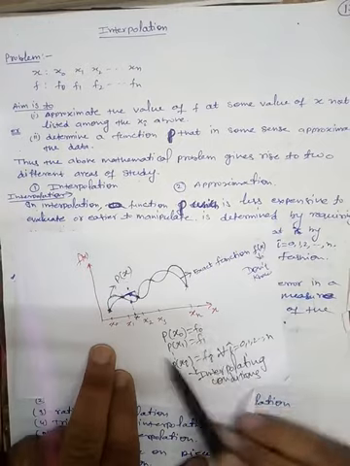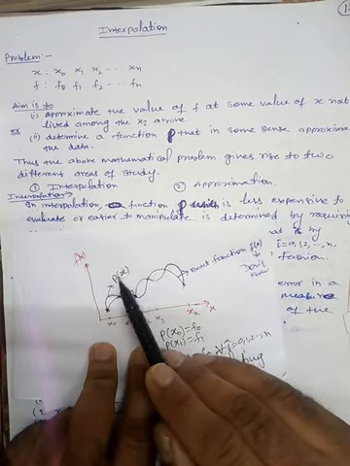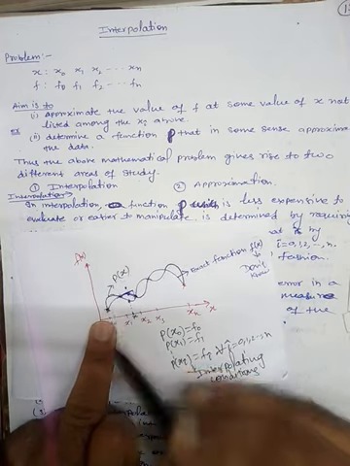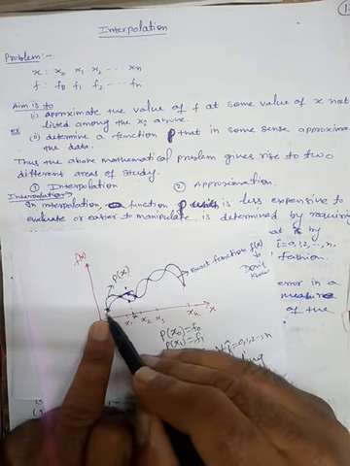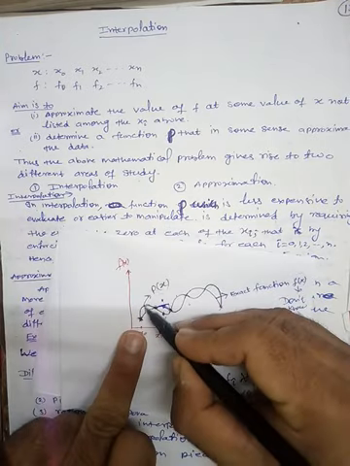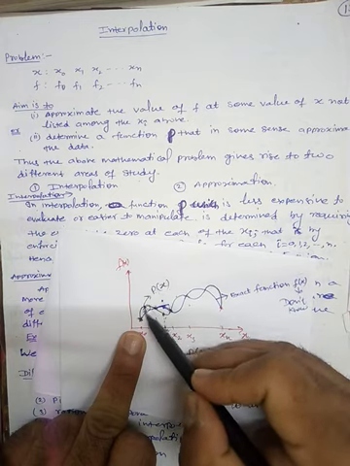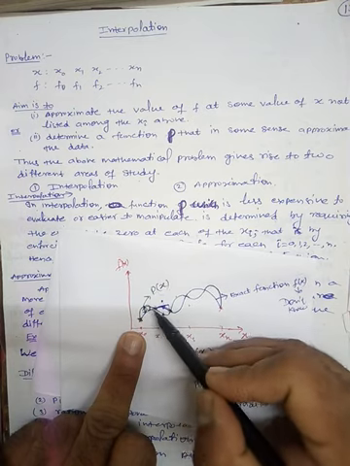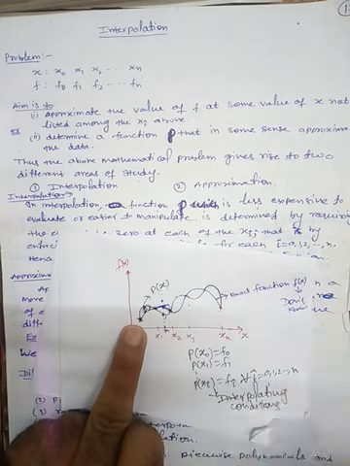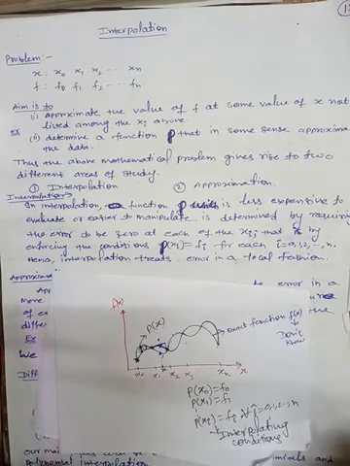Because this approximate curve or polynomial p has no error at the node points, but there is error at the intermediate points. Somewhere the error is higher, somewhere it is low, but at the node points there is no error. That's why the error is local in manner.